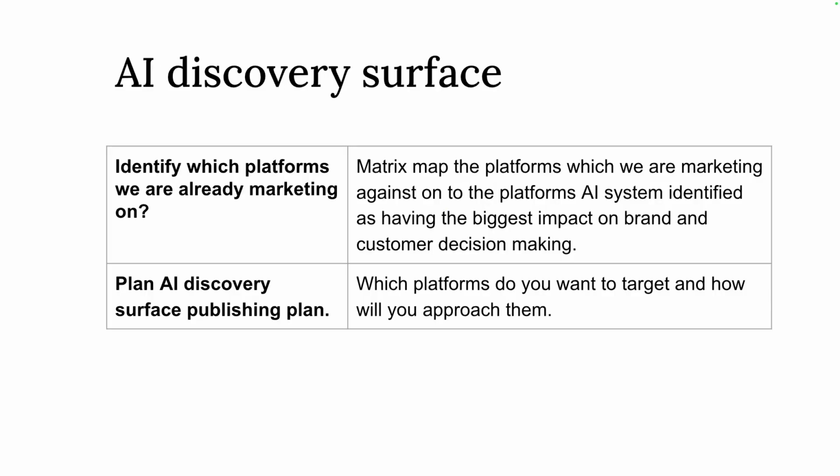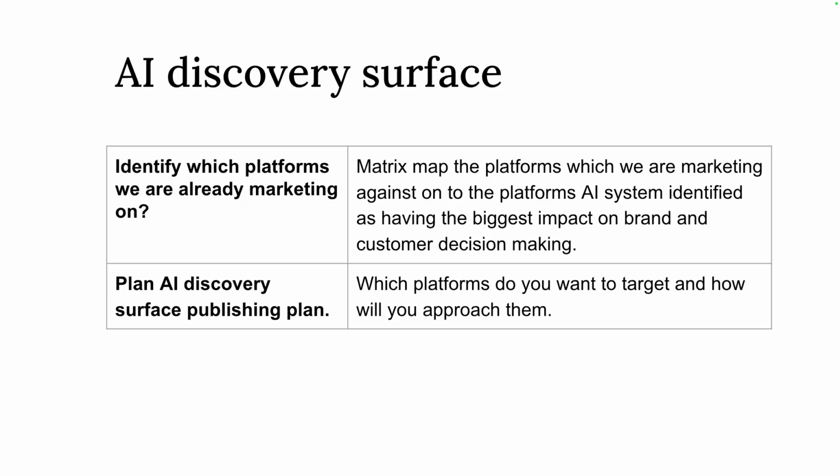Where are we doing marketing on social media, for instance, and platforms outside our owned assets? And which platforms do LLMs tell us where we can have the most influence, and map those, right? Maybe we're marketing on platforms that LLMs do not see as important for our categories to dominate on.